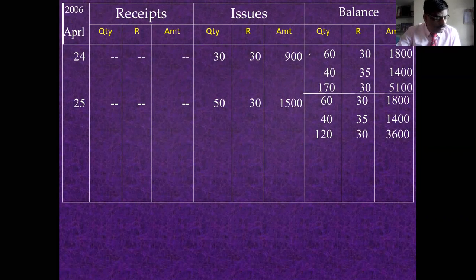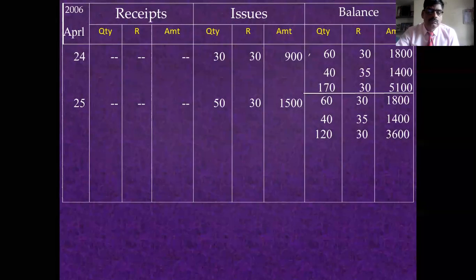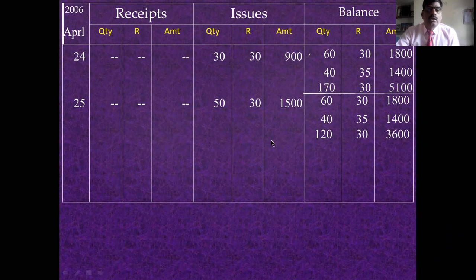After 25, the next date is 29. On 29, there is an issue. So you underline the balance column. Date 29, issue is 130 units.